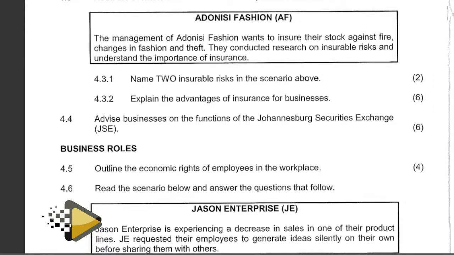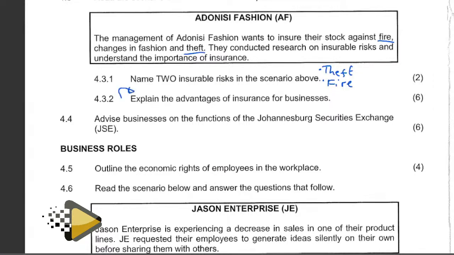above. So now if we check, we have theft as well as fire. Meaning the business has to pay the insurance premium for these two, which are theft and fire. Okay, now let's move on to the next question here, 4.3.2. Explain the advantages of insurance for businesses.